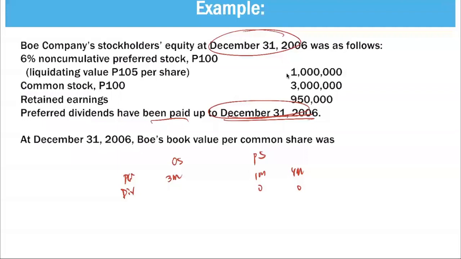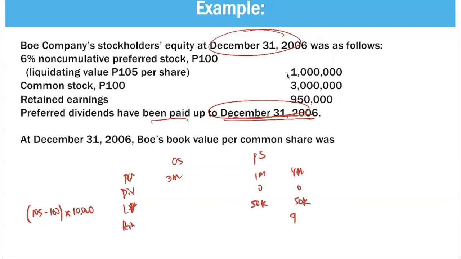So after we get the dividend, we get your liquidating value. So our liquidating premium is equal to 105 less 100 multiplied by the number of shares, 1 million divided by 100. So this is 50,000. So how much is the remainder?